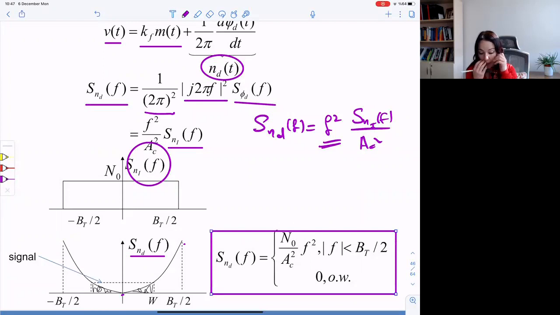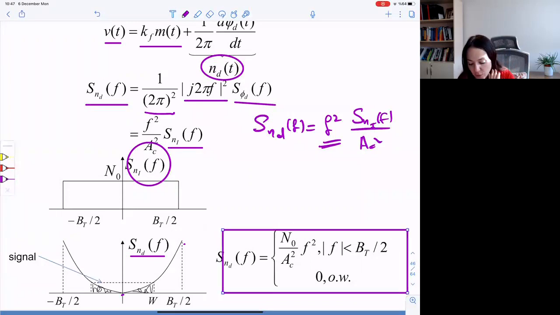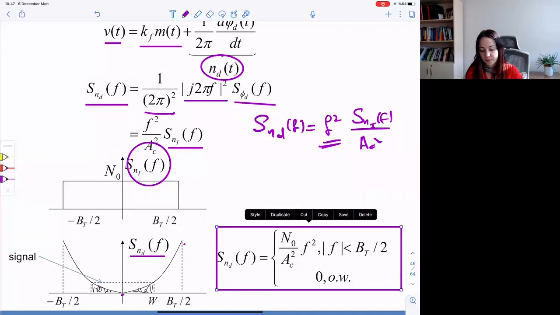It's simply N naught over AC squared F squared. Okay, very simple. So the higher the carrier amplitude, the lower the noise, which is nice. But of course, there are going to be caveats for all of this to be valid. And the noise is increasing toward the band edges.